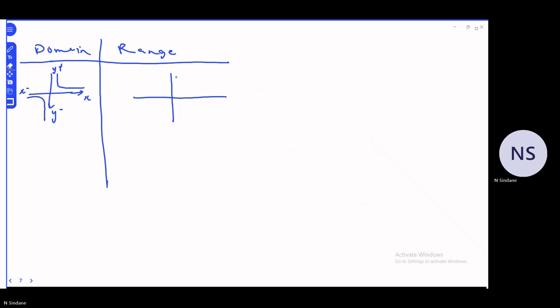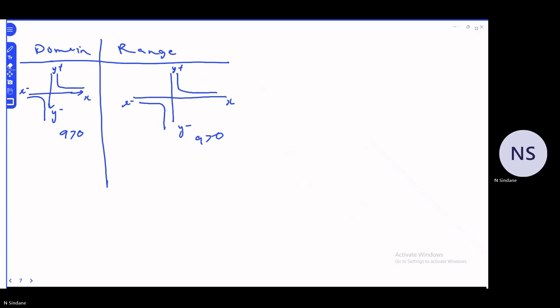Let me try another one. Okay, this is y minus, y plus, x, and x minus. You have graphs like that, and from these two graphs, the value of a is greater than 0, meaning the value of a is positive, right?